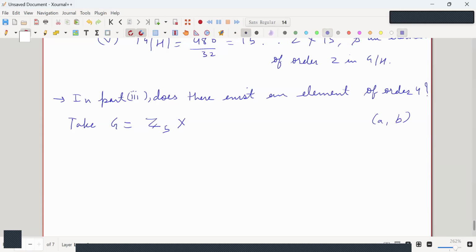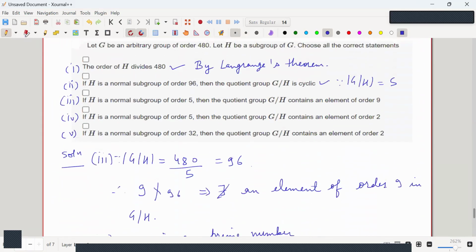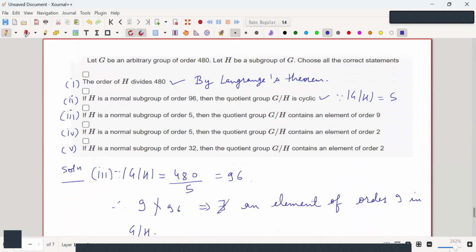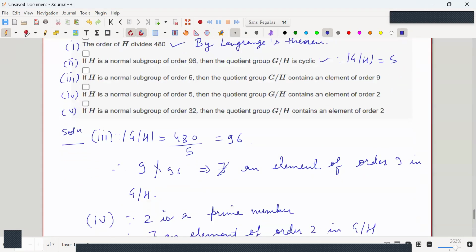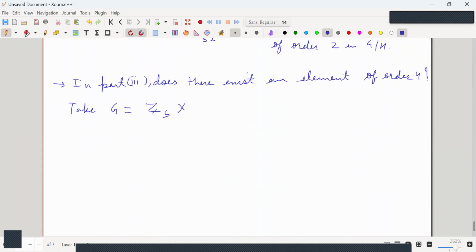So if there is no element of order 4 in the second part, then the group cannot have an element of order 4. But you need to check just if there exists a group of order 96 which does not contain an element of order 4. That's basically now the task.